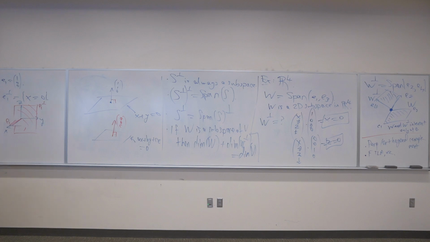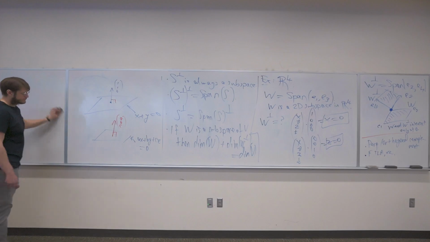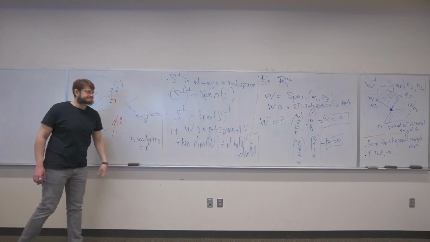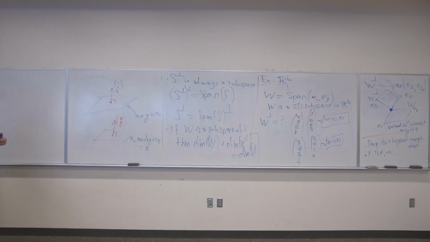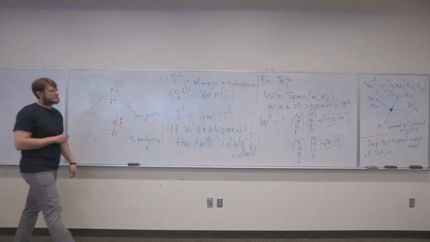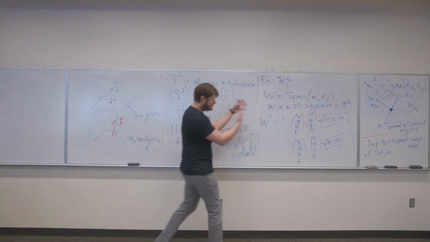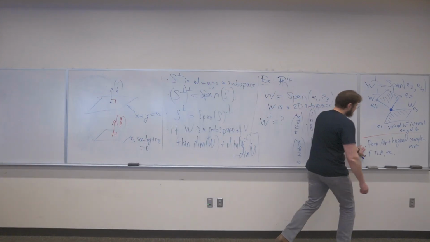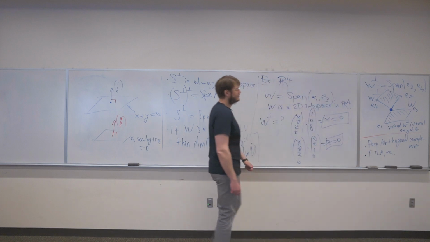Do I want to start? I have a couple minutes. I think what I want to do is start thinking about a certain example. Because ultimately, I want to bring this into the mix and state an upgraded version of the fundamental theorem of linear algebra.